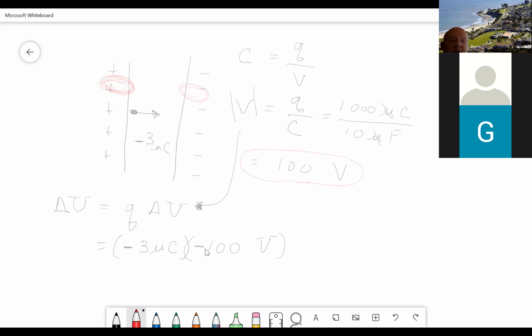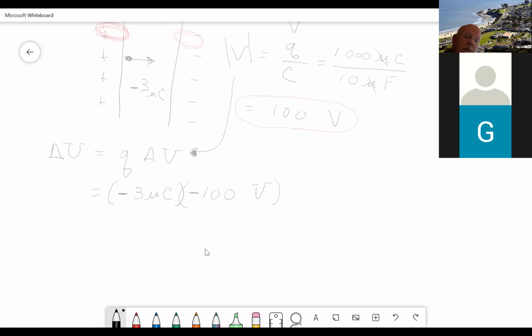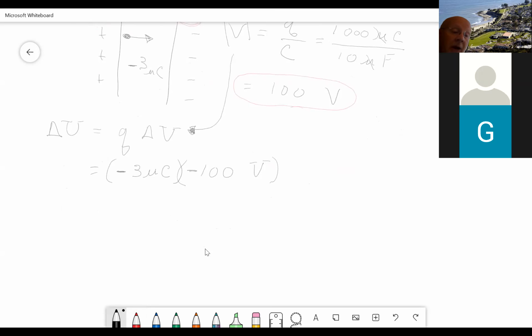And if you went from positive to negative, you would decrease by 100. And so that's really what we have, we're going from the positive plate to the negative plate. So that's why I'm putting in here a -100. It also helps, because you can begin to see now the negative charge with the negative change in potential. Two negatives make a positive. So this is a positive 300. And there's the micro.